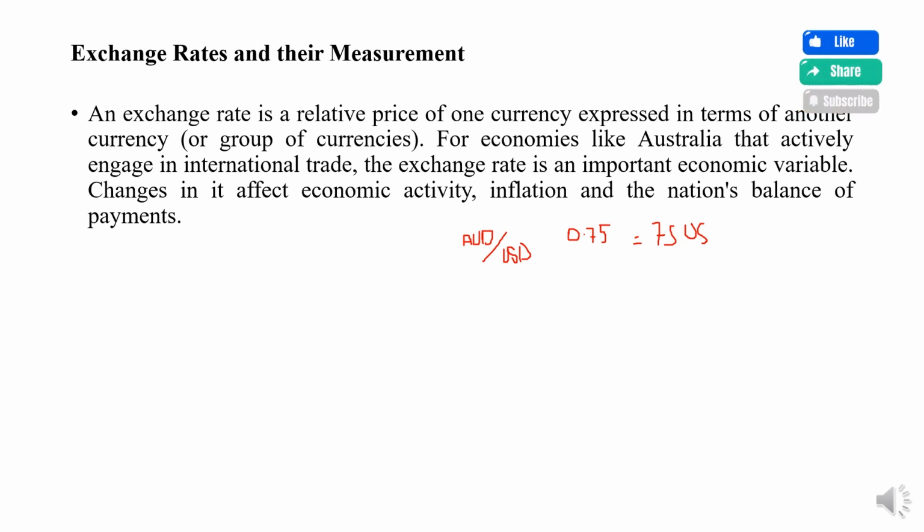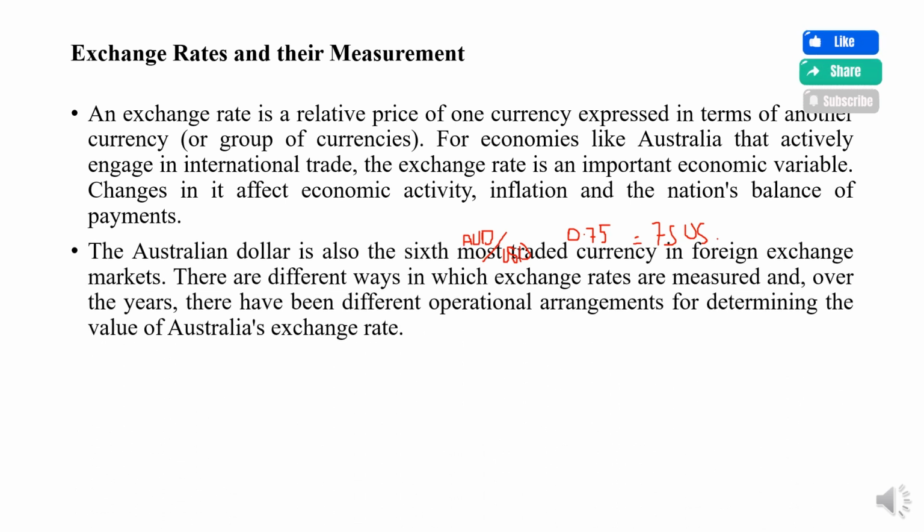There are different ways in which exchange rates are measured, and over the years there have been different operational arrangements for determining the value of the Australian exchange rate. Now, the measures of exchange rate.